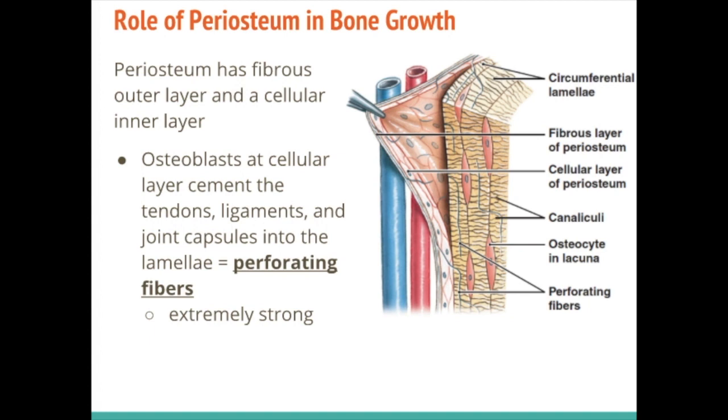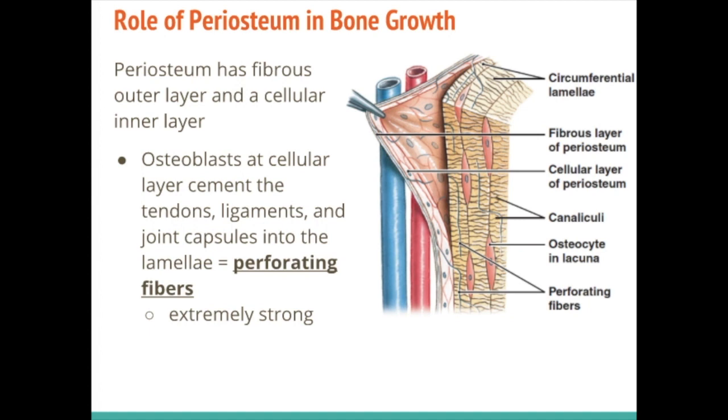As the bone grows, collagen fibers from tendons, ligaments, and the joint capsules become cemented into the lamellae by osteoblasts from the cellular layer of the periosteum. This region where the collagen fibers are glued into place, we call the perforating fibers.